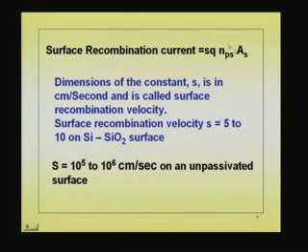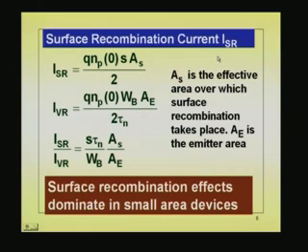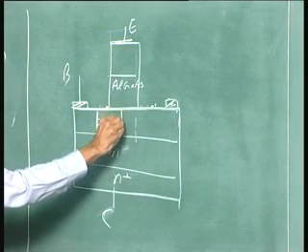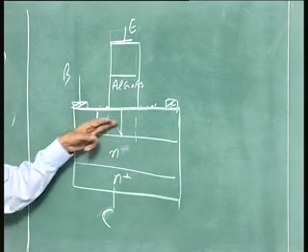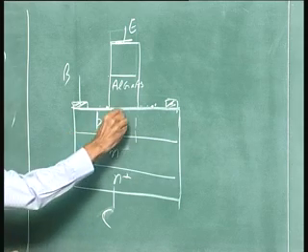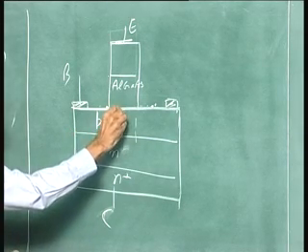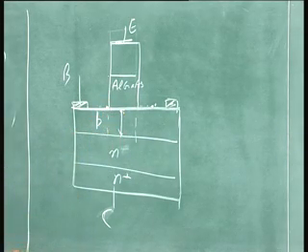except instead of N_PS, I have put it as N_P0 by 2, because if you move in this direction, it is decaying from N_P0 to 0.